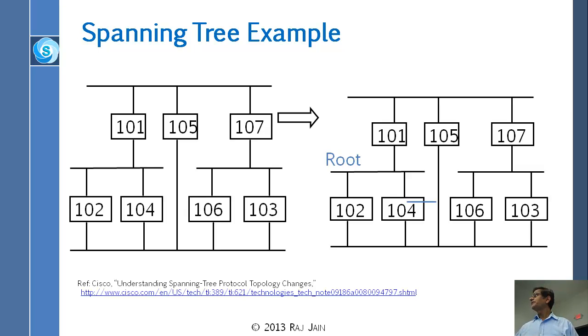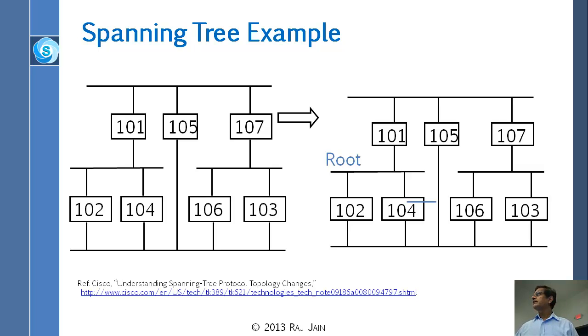So this one will say, I have a short path to the root. The root is 101, and you can reach it through me at cost 1. And this one will say, I have a root 101, and you can reach it through me at cost 1. So now, nobody wants this path, right?